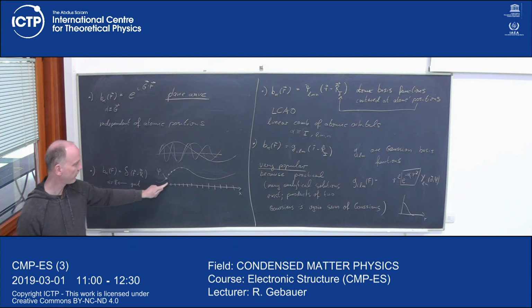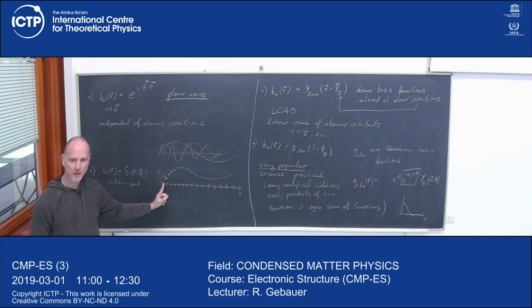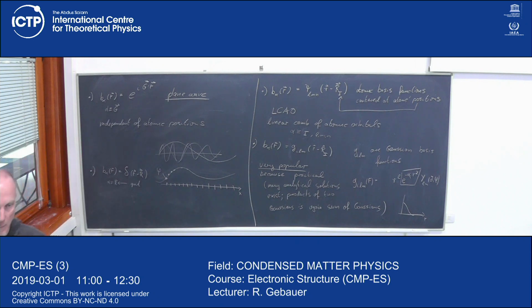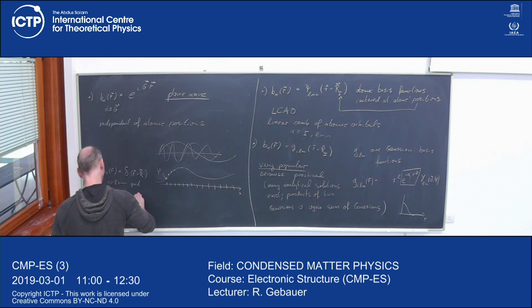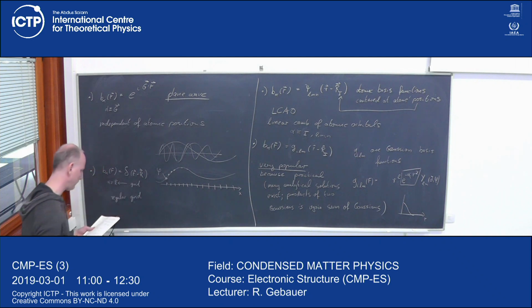And the basis functions, in this case, are delta functions centered here, here, here, and so on. So this here is called a regular grid. And also this here is not atom-centered.